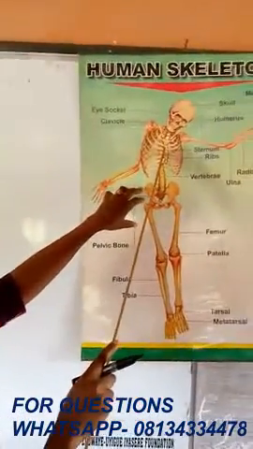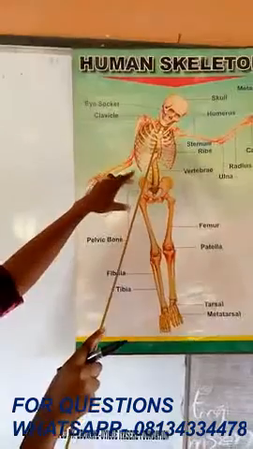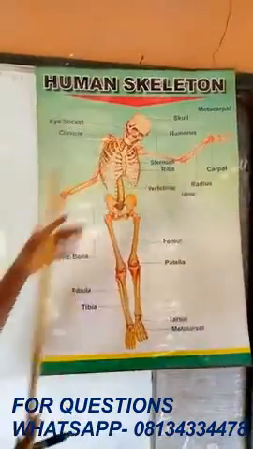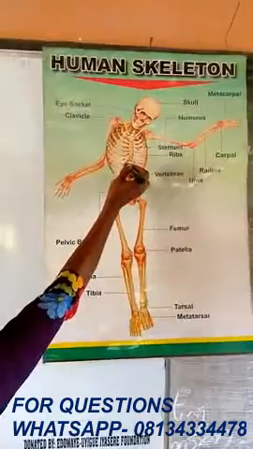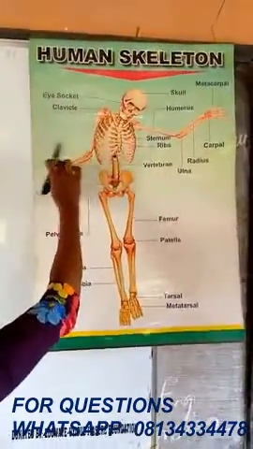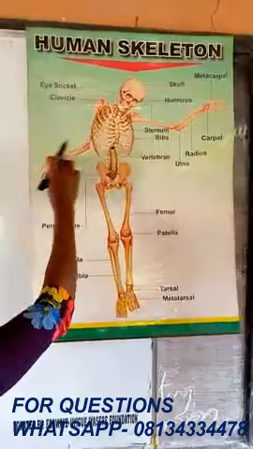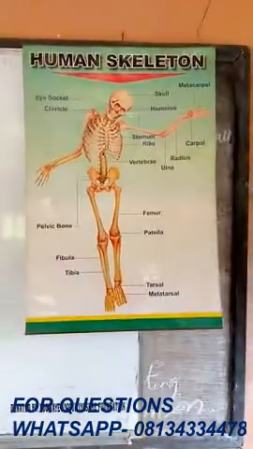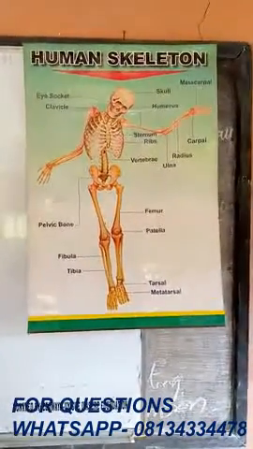The second, at the chest region, is the thoracic vertebra. The third, at the dorsal side of the abdomen, is called the lumbar vertebra.